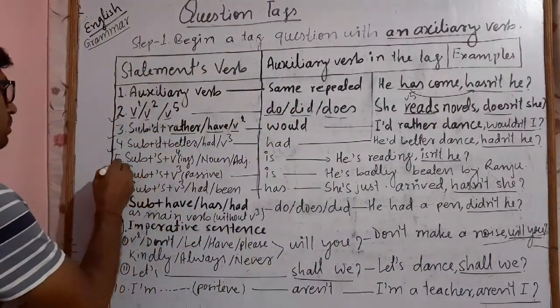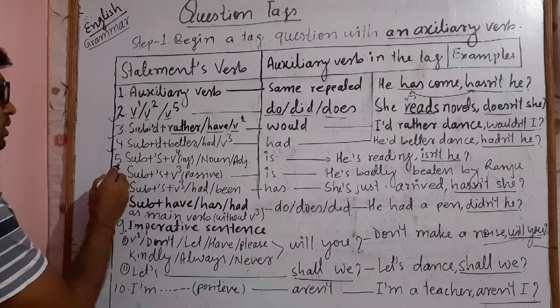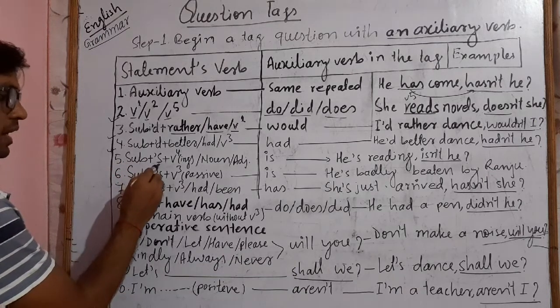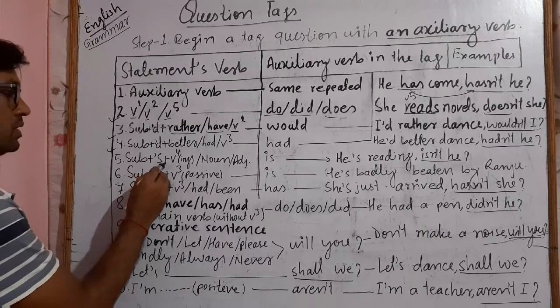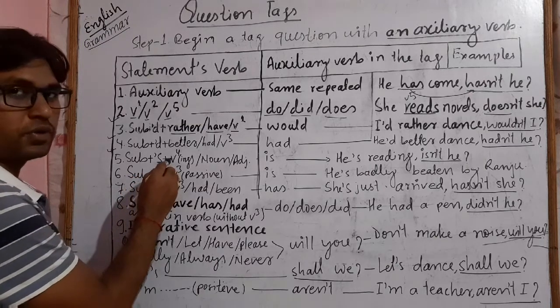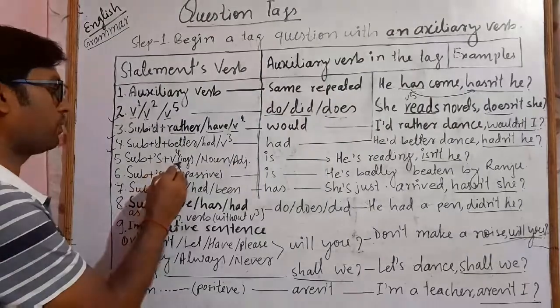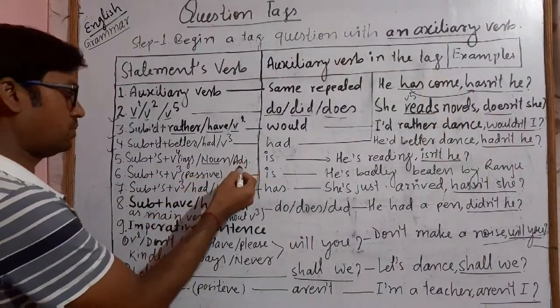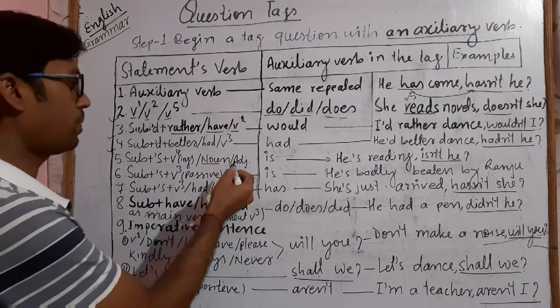Likewise, in number 5: subject plus apostrophe s plus verb 4, the ing form of the verb, or a noun or adjective. Anything can be there.